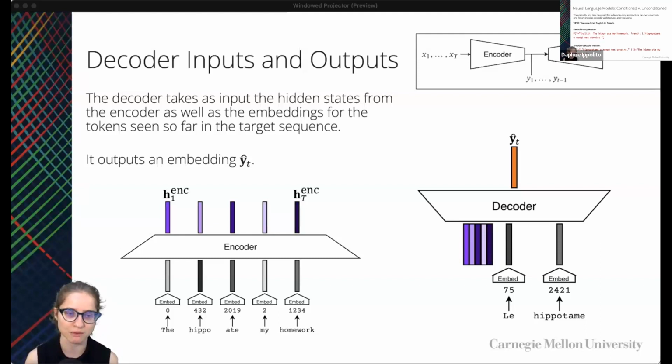When it predicts an embedding that I'm going to call y hat sub t, this orange rectangle, we really want this predicted embedding to be as close as possible to the embedding for the true next token in the sequence. So what we're trying to optimize for in a language model is making this predicted embedding look as close as possible to the embedding for the true next word in the sequence. Does that make sense? We'll talk about how we do that in a minute.